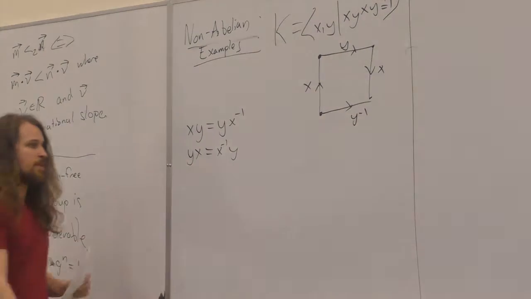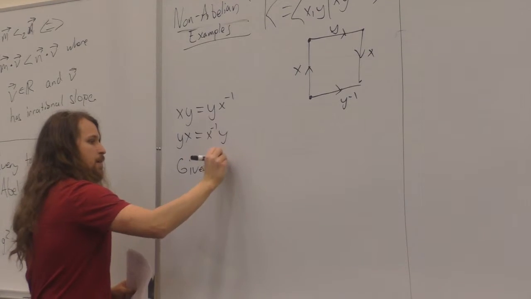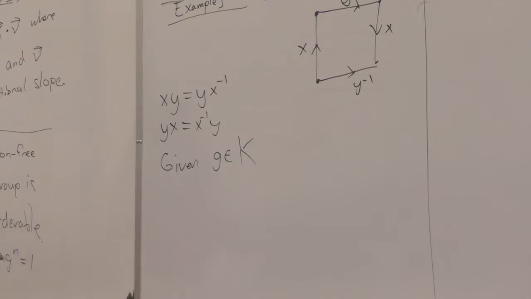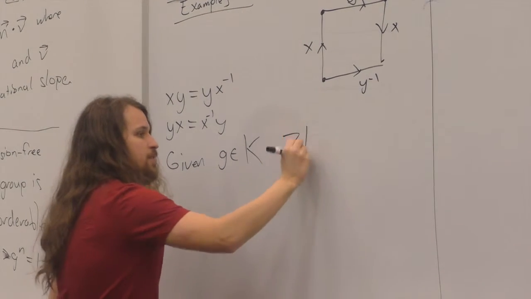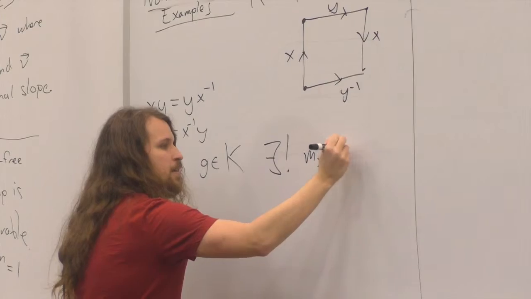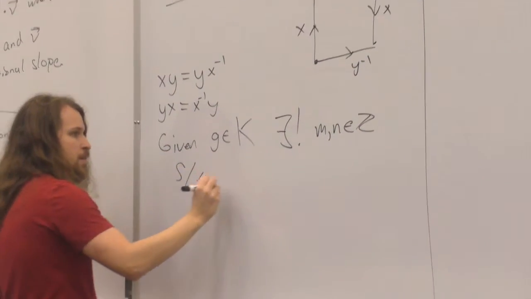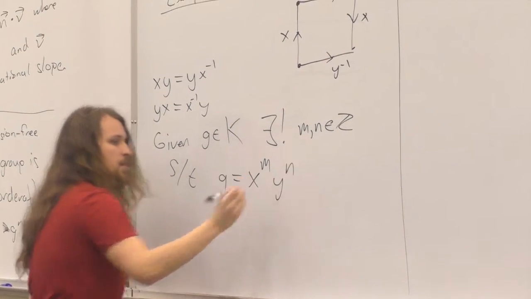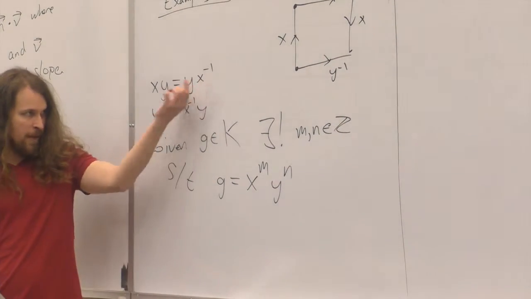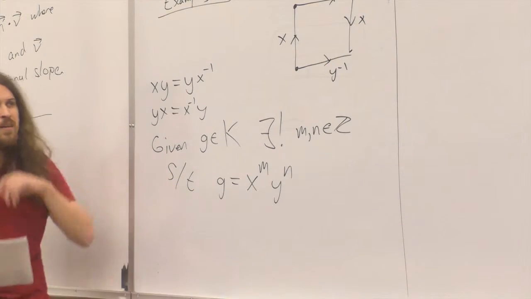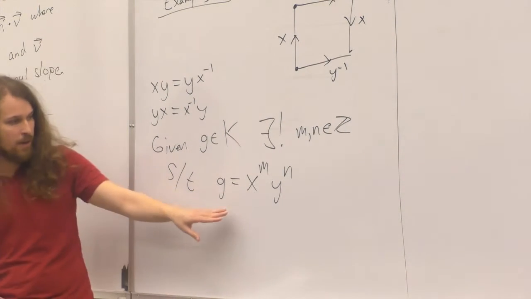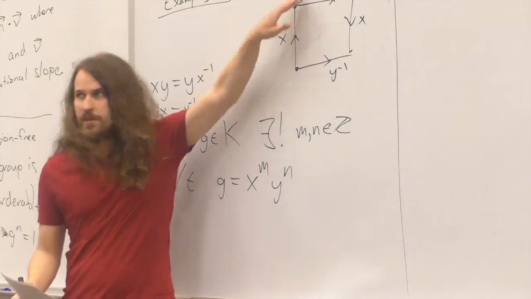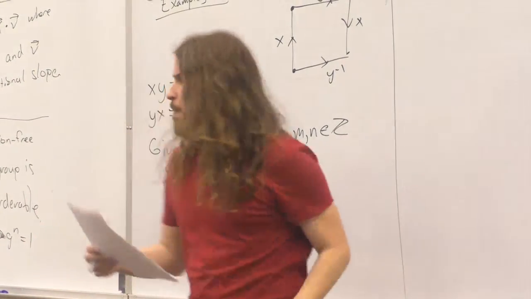So it's not too hard to argue from here that given an arbitrary word in the group, so some word with x's and y's in it with arbitrary powers, there exist unique m, n, and z so that I can write my group element like this. So basically just keep sliding all the x's past the y's until they're all in front. I guess that's only existence, but you can assume that g has another representation like this, and you'll get a contradiction. So, okay.